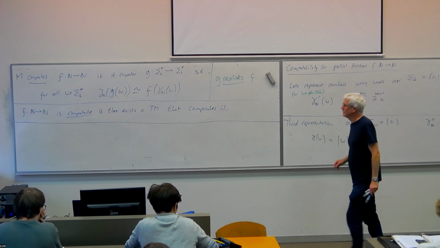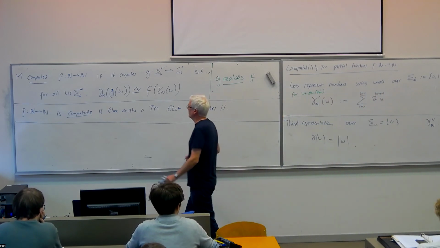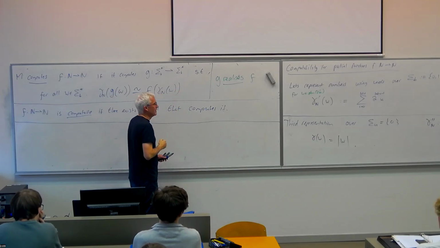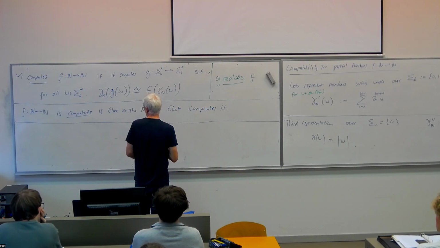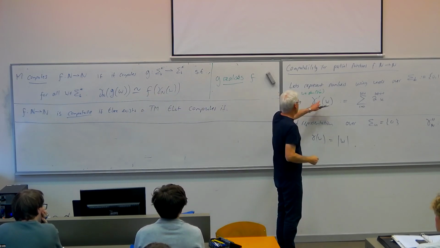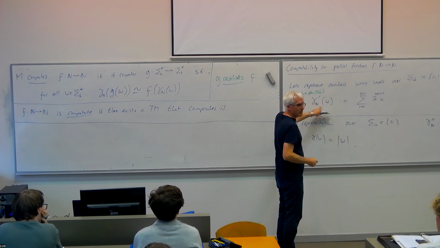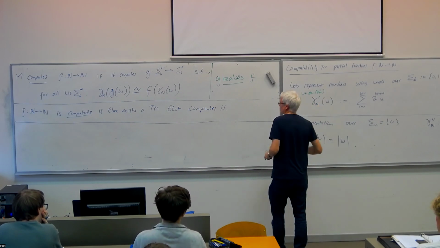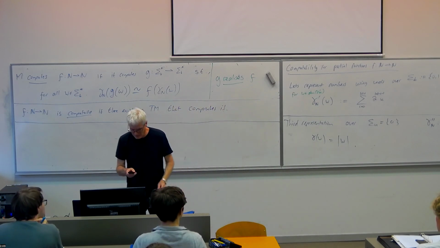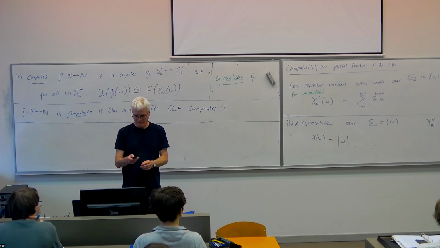For each one, we can define what it means to compute using such a representation. Maybe I'll just do that for gamma prime, because there's a slightly fiddly thing.